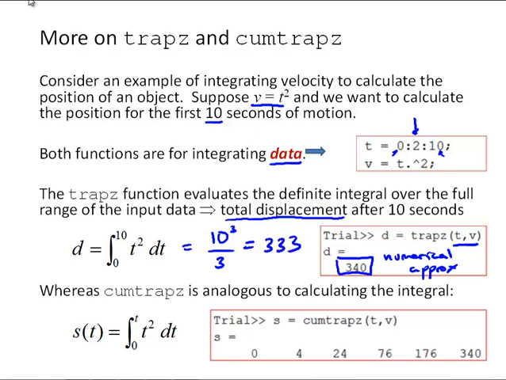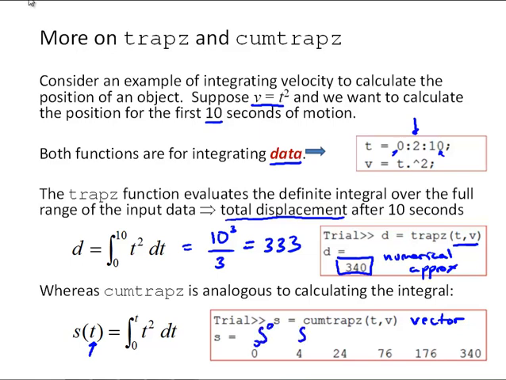Cumtrapz would be analogous to calculating the integral that would give us a position as a function of time, where that integral is from 0 to t of t squared dt. And so that output again is going to be a vector, where the first element is the integral from 0 to 0.